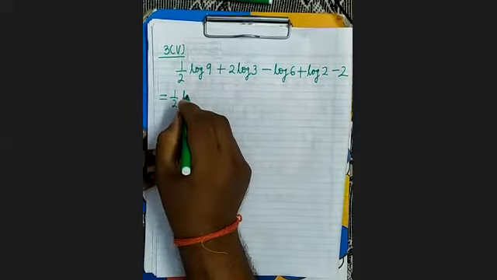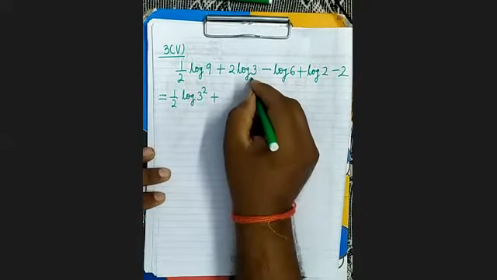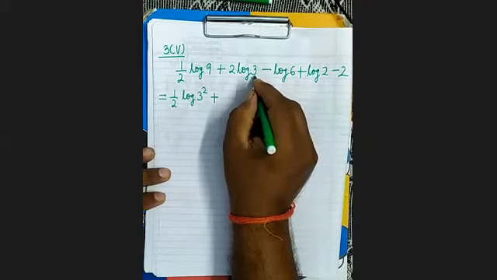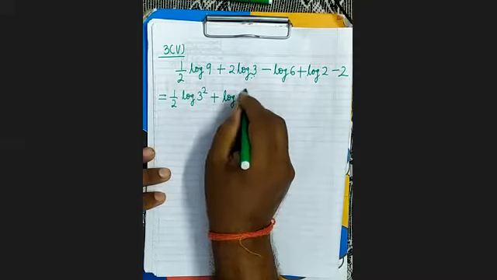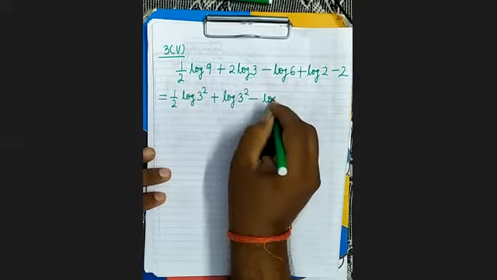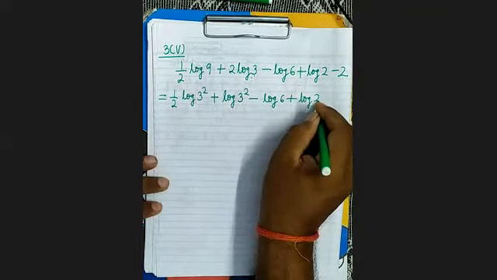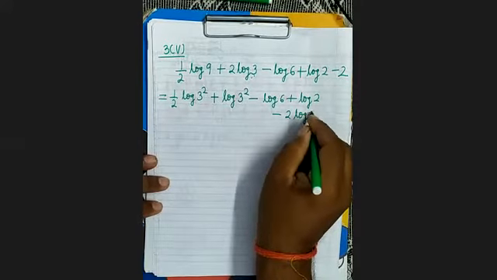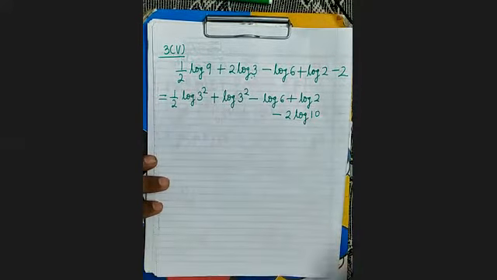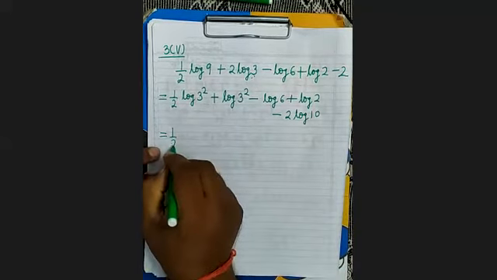So you can write log 3 square. This is a prime number, it cannot be written in power form, so you take 2 here. Log 3 square minus log 6 plus log 2 minus 2 log 10, because log 10 is 1. So this will be 1 by 2.